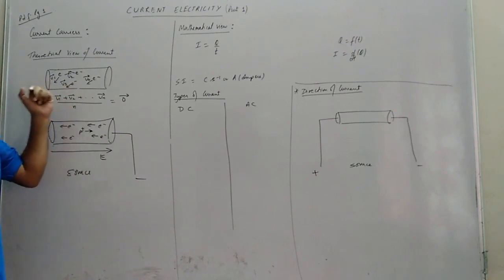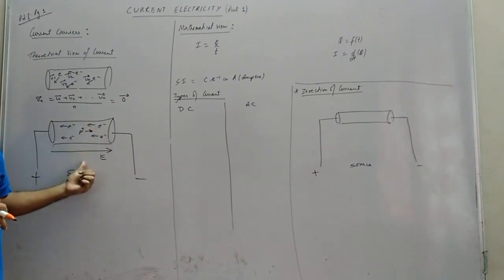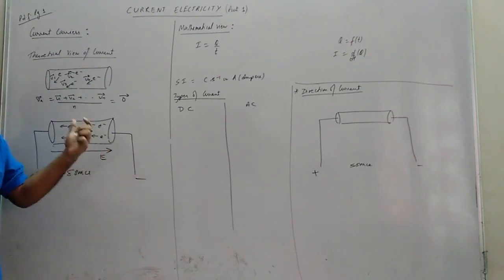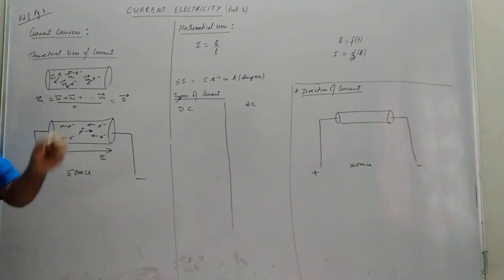It was organized flow of electrons. Now current is organized flow of electrons and protons simultaneously. Electrons opposite to the direction of the electric field, protons in the direction of the electric field. So theoretically, current is an organized flow of charges where both electrons and protons are simultaneously flowing.